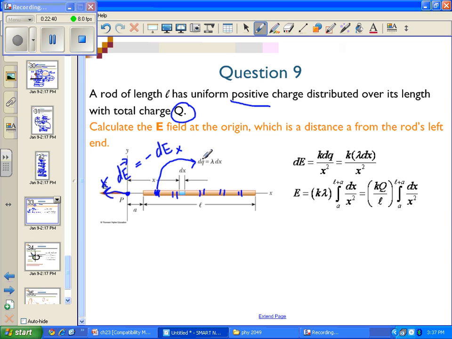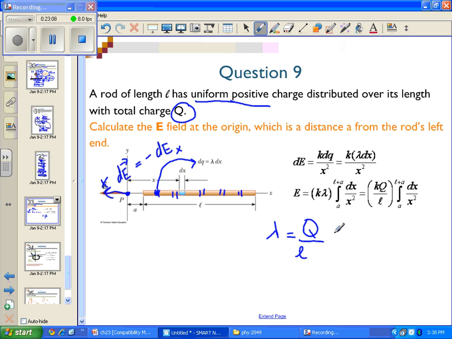Now, here's where we make use of the charge density. Because we're told uniform positive charge, we know in this one-dimensional case the linear charge density, lambda, equals total amount of charge, which they told us was capital Q, divided by the total length of the rod.